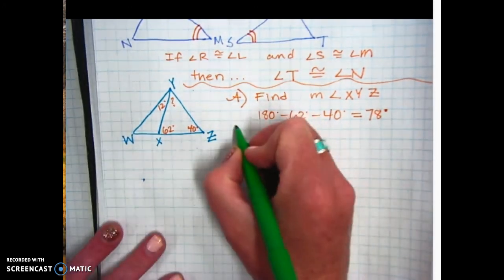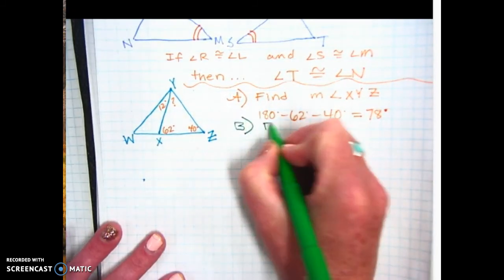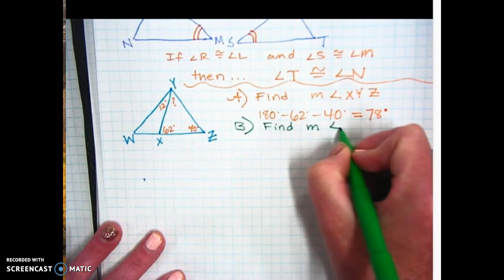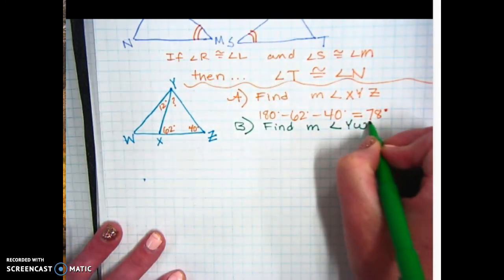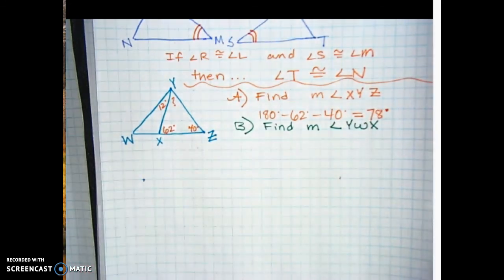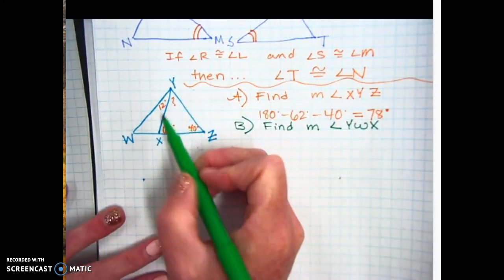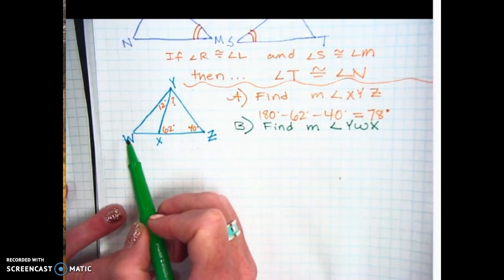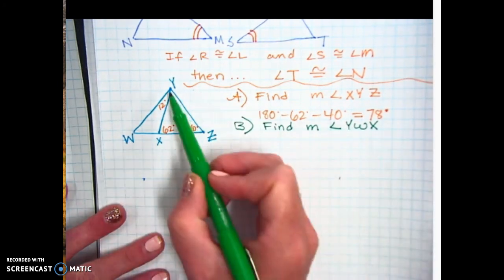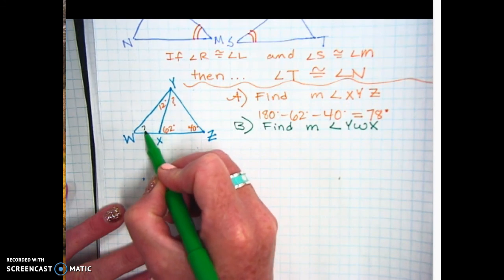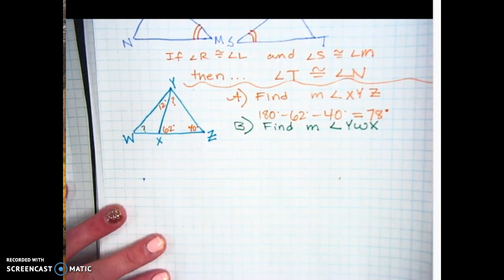All right. Part B. Now we're going to find the measure of angle YWX. All right, so if we come up here and we tap out YWX, so here's YWX, that's this angle right here, so I'm going to put another question mark right there.